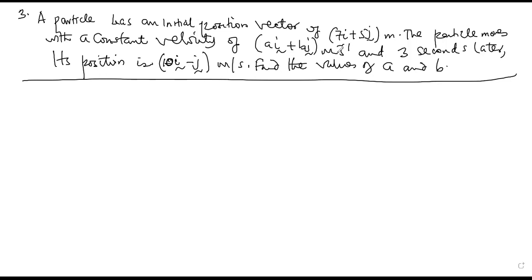Now, here in this question, we are given the initial position vector. And then we are also given the velocity. So we are given velocity as ai plus bj.